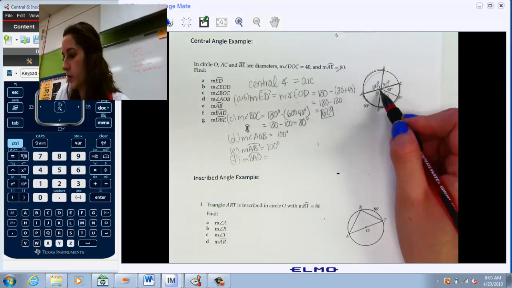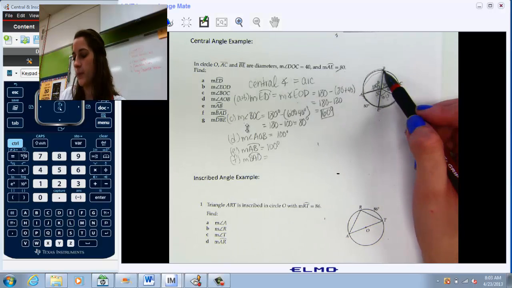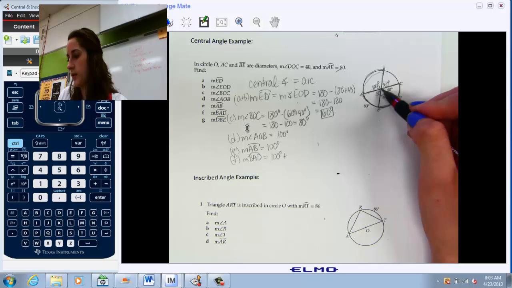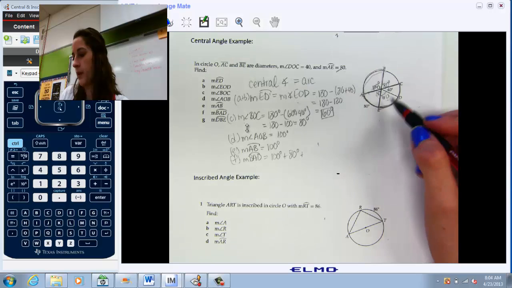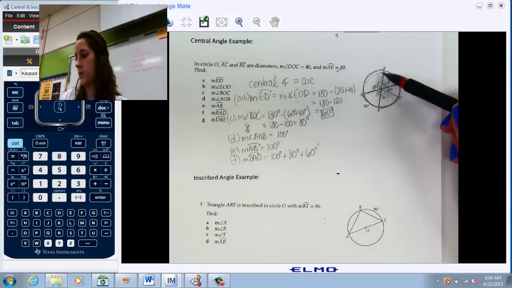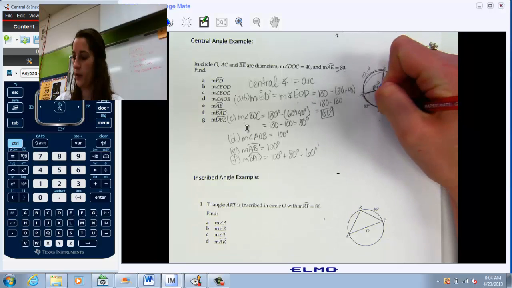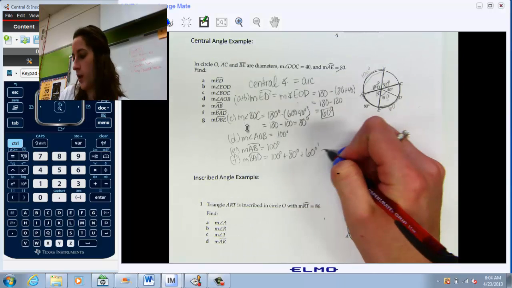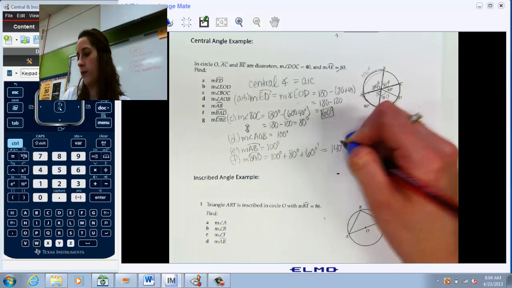It's going to be equal to the measure of BOA, which is 100 degrees, plus AOE, which is 80 degrees, plus that of EOD, which is 60 degrees. So let's just make sure we have BA, which is 100, AE, which is 80, and ED, which is 60. And we are going to get 140 degrees.